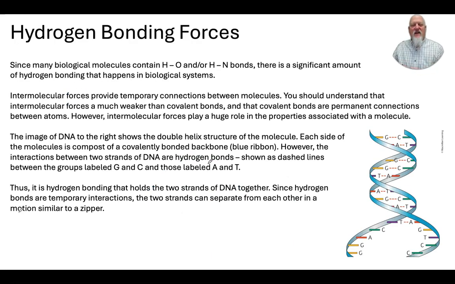If we want to take a step further and see how this is applied in biological systems, take DNA strands. Remember, DNA is doubly stranded. It's got two strands that meet together, and when we put these together, we've got these four base pairs that are labeled as G, C, A, and T, right?